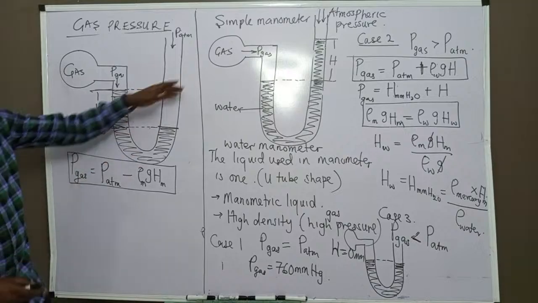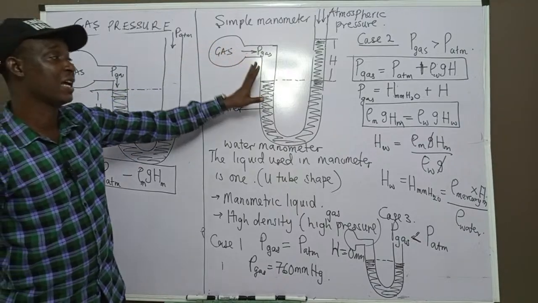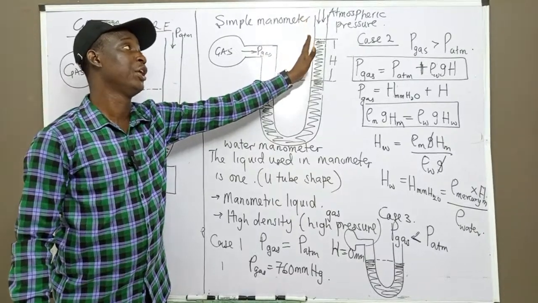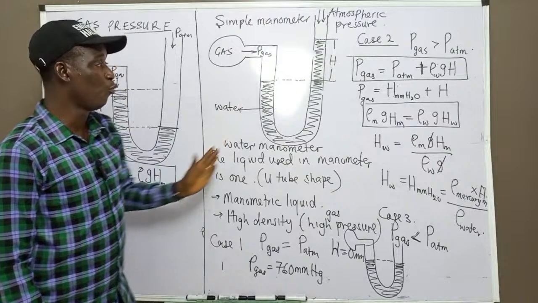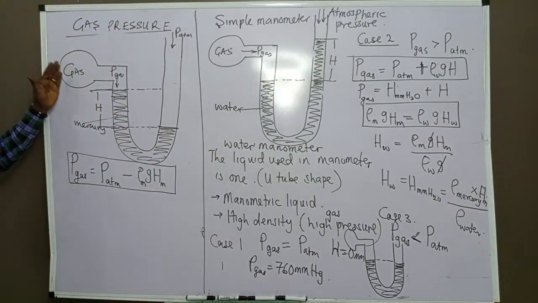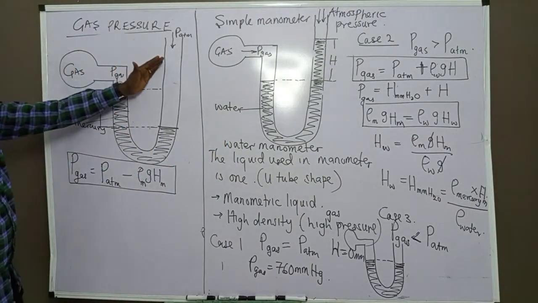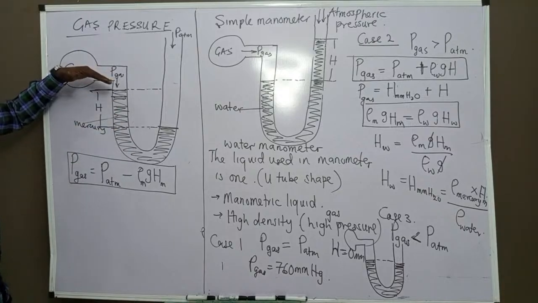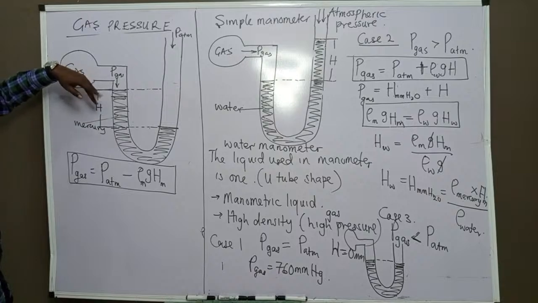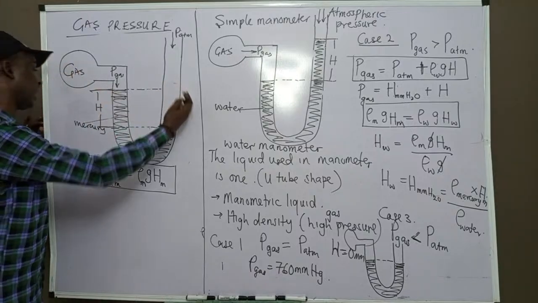But where the gas pressure is higher, it will push the liquid in the U-tube higher on the arm of the atmosphere. When the gas pressure is lower than the atmospheric pressure, it will push the manometric liquid higher on the side of the U-tube of the gas, because this side is for the gas and the other is for the atmosphere.